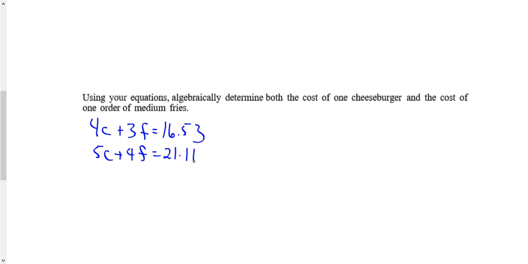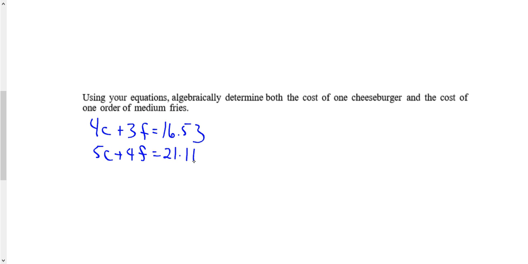All right, as I'm looking at both the variables, are we going to be able to just multiply one equation by something? No. We're going to have to multiply both equations, because 4 and 5 don't go in each other, neither does 3 and 4. But I'm going to let you decide which ones you want to go after.